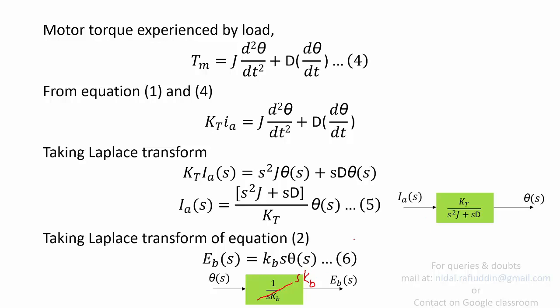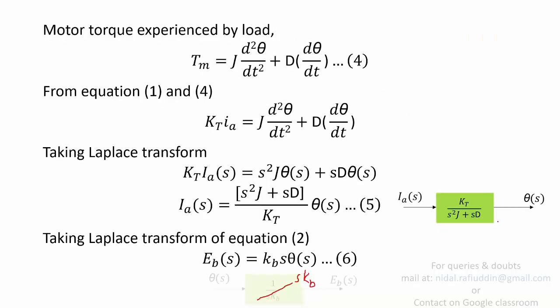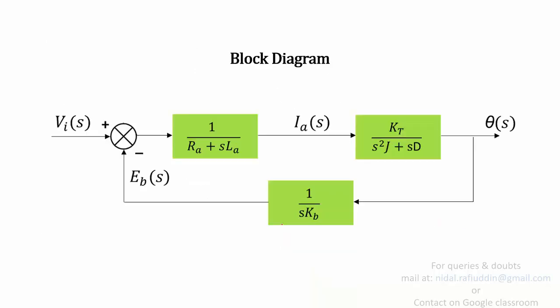Now if you connect all three block diagrams, this one with this one and this with this one, you will get the final block diagram representation of the system as follows. VI to the comparator, multiplied by this block, gives you IA, further fed to KT divided by S square J plus SD, which gives you the output theta(s). This theta(s) is again taken as feedback and multiplied by SKB.